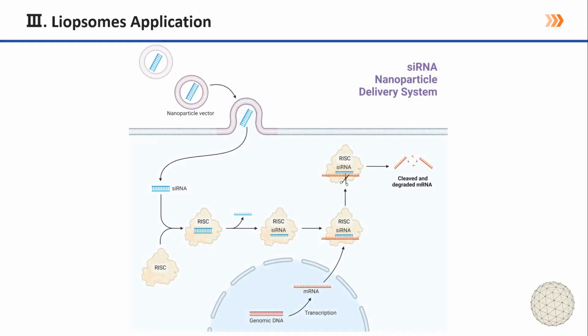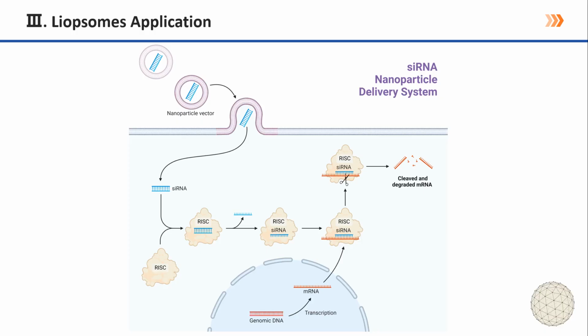In addition to drug delivery, liposomes also play an important role in siRNA delivery. siRNA is a small molecule RNA that plays an important role in gene expression regulation. As a nanoparticle delivery system, liposomes can effectively deliver siRNA into cells. When liposomes carry siRNA into cells, siRNA binds to the RNA-induced silencing complex, RISC, in the cells.